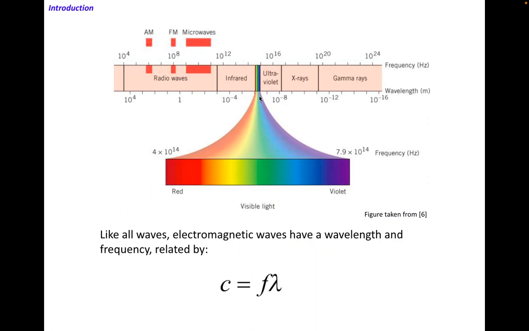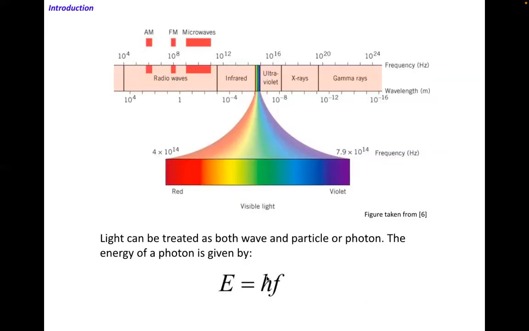Like all waves, electromagnetic waves have wavelength and frequency, and these are related following this equation: speed of light, c, equals the frequency times the wavelength of radiation. And this light has an energy, and that energy is given by E equals hf, where h is Planck's constant.